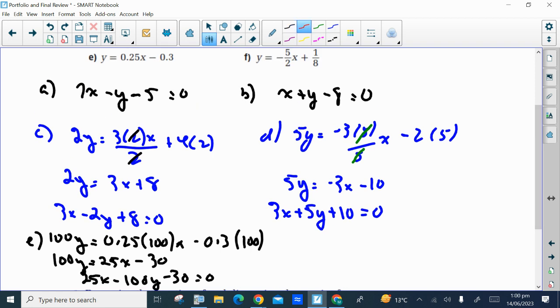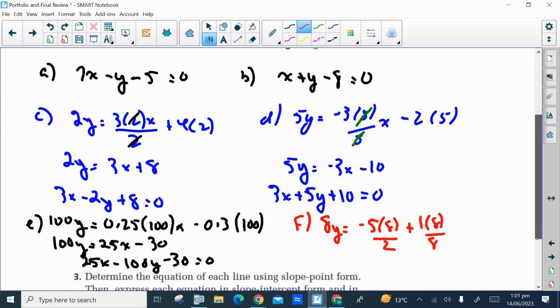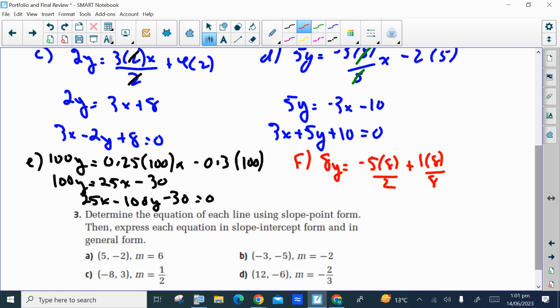Question F, there are 2 denominators. So in this case, we'll multiply everything by the common denominator, which would be 8. 8y will equal negative 5 times 8 over 2 plus 1 times 8 over 8. So the reason this works is because 2 goes into 8 4 times, or 8 divided by 2 is 4, and 8 divided by 8 is 1.